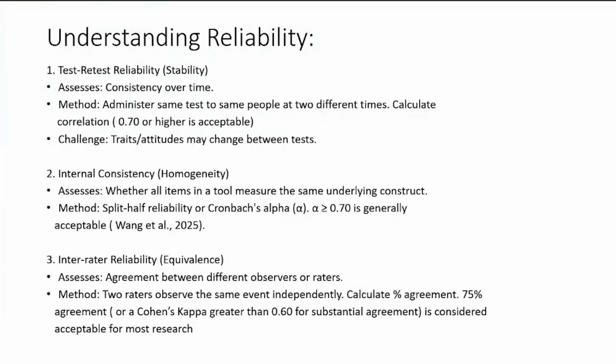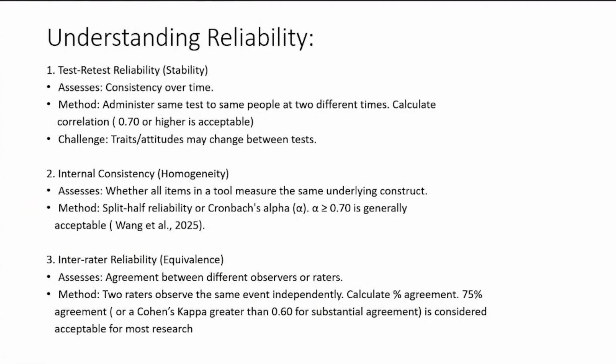So then the second one here is internal consistency. That's the second part of the reliability. Here, what you do is assess whether all the items in a tool measure the same underlying construct, all the content, the items within the tool.